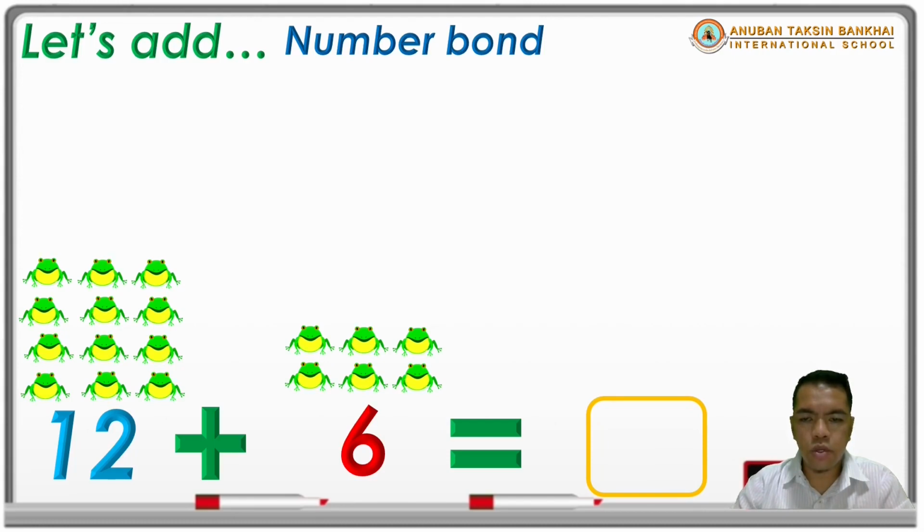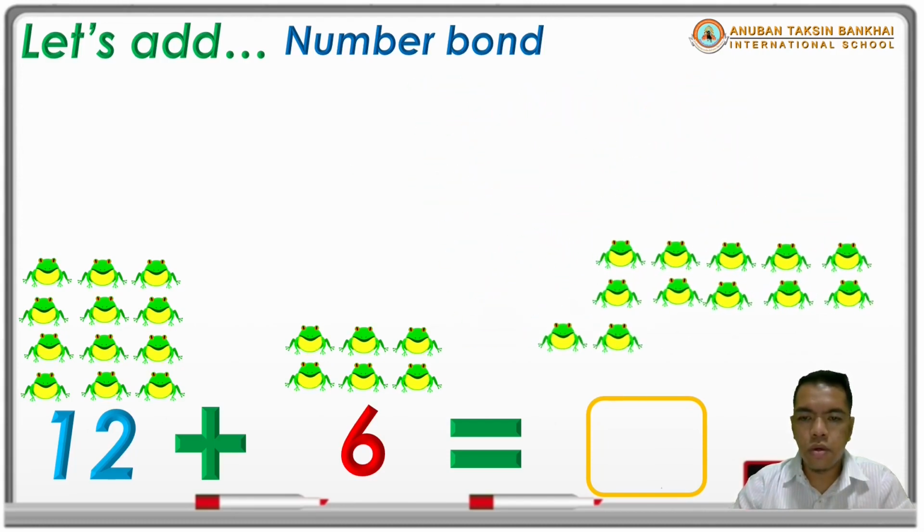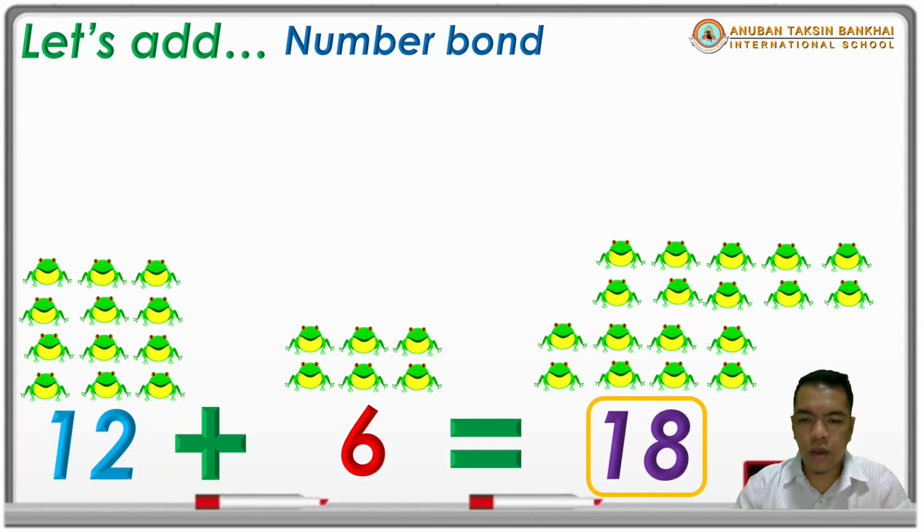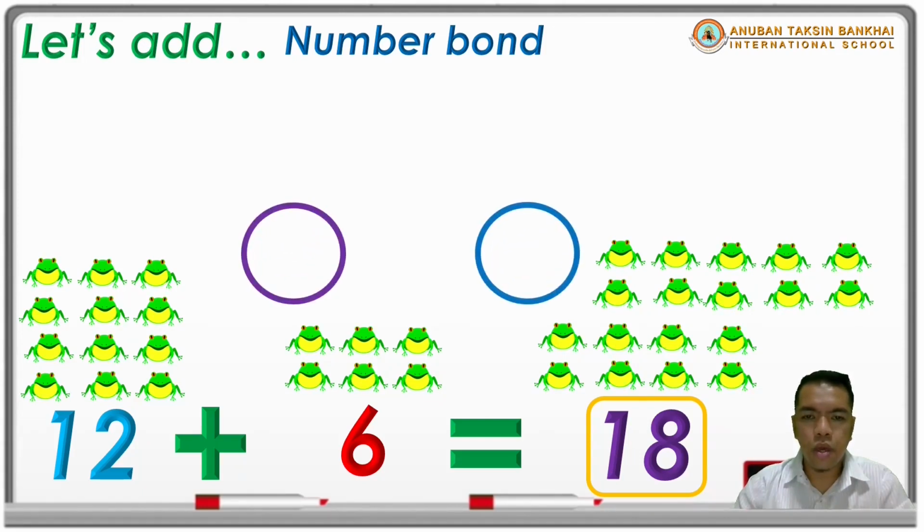Let's add first 12. Let's count on 13, 14, 15, 16, 17, 18. We have 18 frogs. Let's use number bond in finding the sum. We have here two parts and a whole connected by two lines.